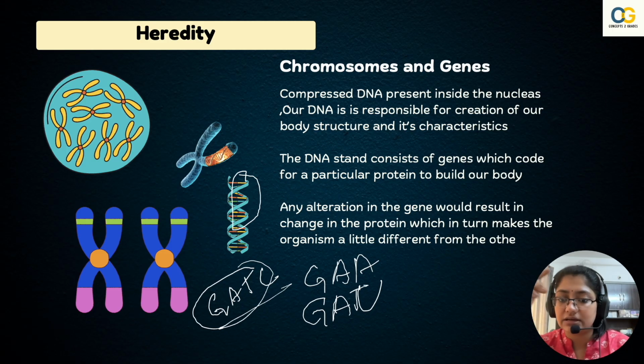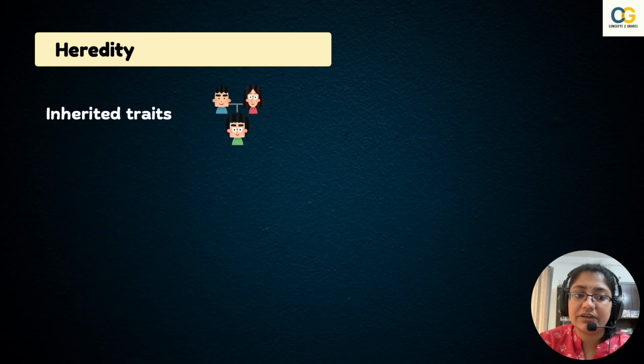Just a letter change and a different protein is created. So any alteration in the gene would result in change of the protein, and it would make an organism very different from the other organism. That is how genetic disorders happen, where there is a little change in the DNA and there is a genetic disorder in the person. So these are how chromosomes and genes carry forward to the next generation. So now we have different kinds of traits.